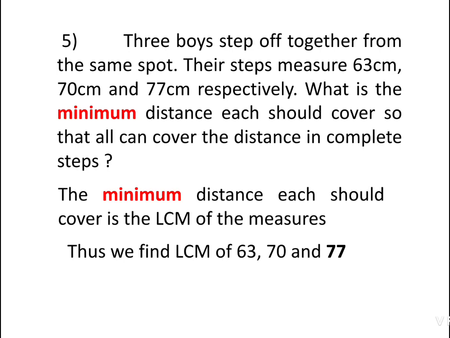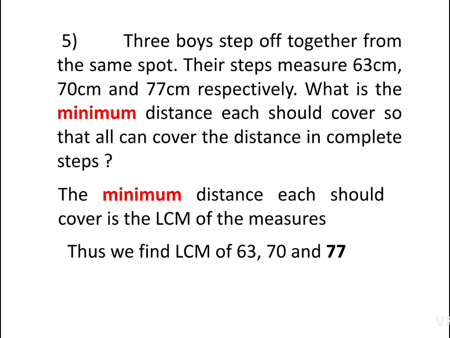When it is maximum, greater or higher, then we find the HCF of the given numbers, the highest common factor. So when words such as maximum, higher, highest, greatest are in our question, we find the HCF. When minimum, lowest, smallest, shortest words come, we use LCM.